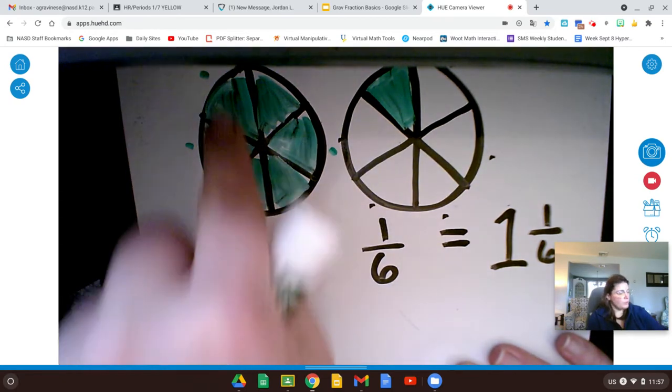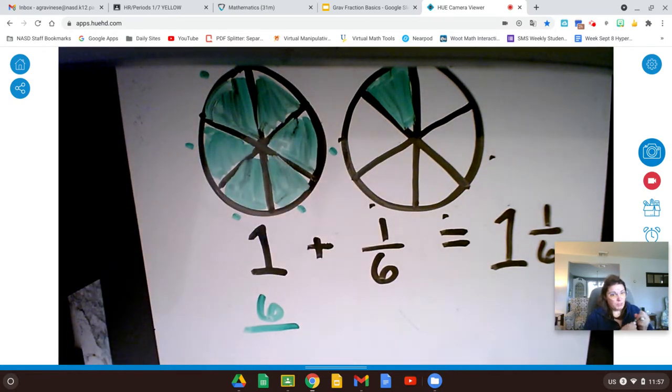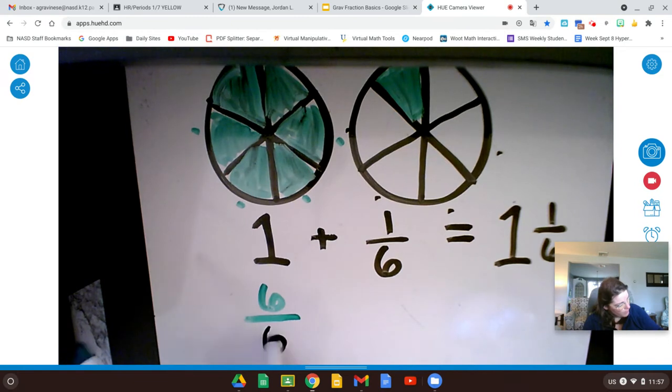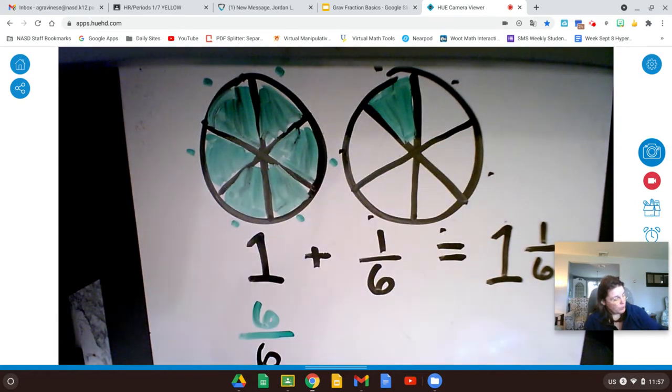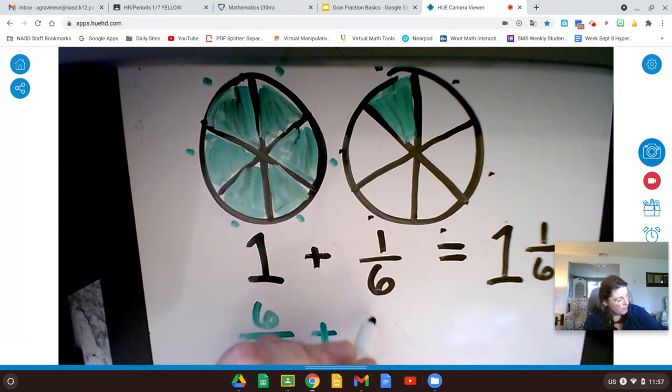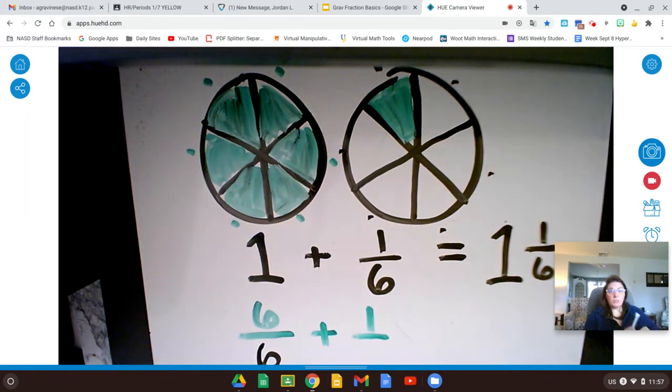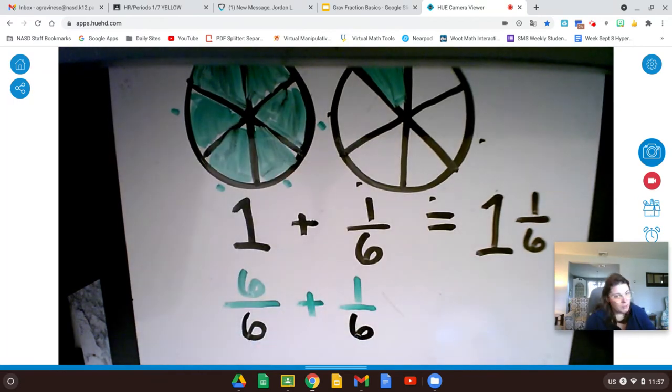And remember, it was cut up into 6 equal pieces. So I have 6 out of 6, which is how I got my whole. Now let's go to the second model. I have one shaded piece. Again, that was cut up into 6 equal pieces. So I have 1/6.